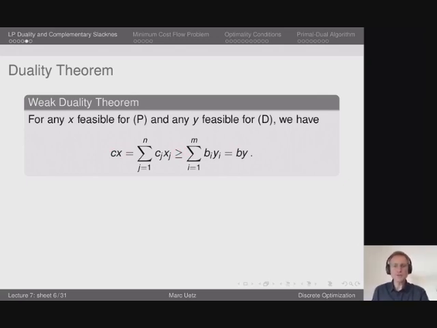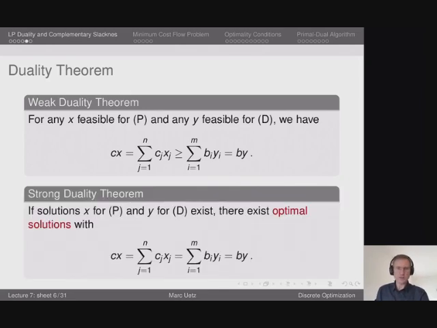But even more is true. Not only do I get lower bounds on the objective function value, but if both problems actually admit feasible solutions, then we can also find solutions where equality is achieved. And that's known as the strong duality theorem.